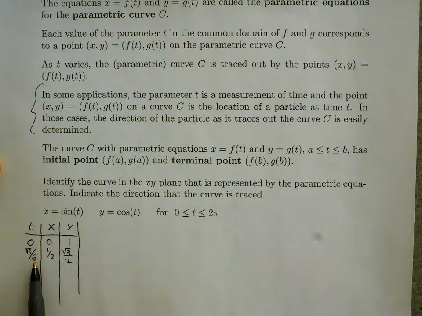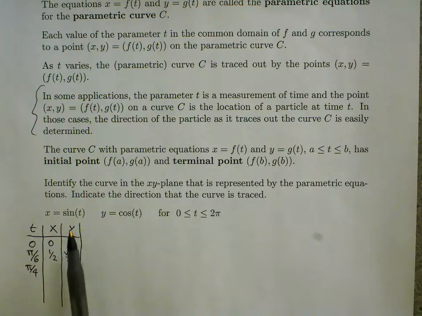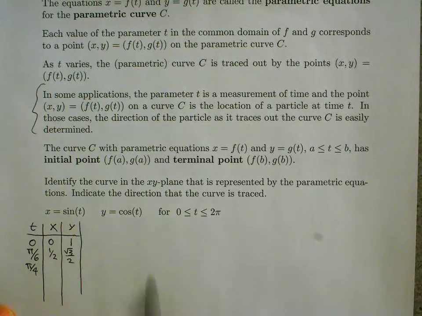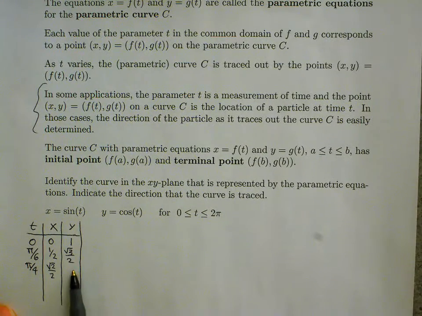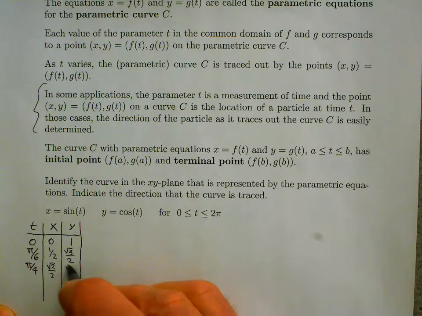Then I can pick t to be pi over 4, or the 45-degree angle. Sine of pi over 4 is square root of 2 over 2, and cosine of pi over 4, which is the y-coordinate, is also the square root of 2 over 2.